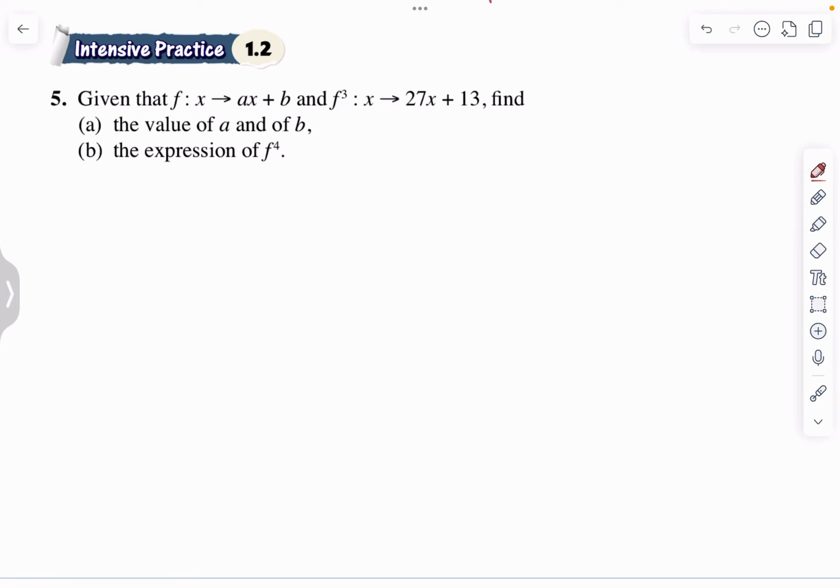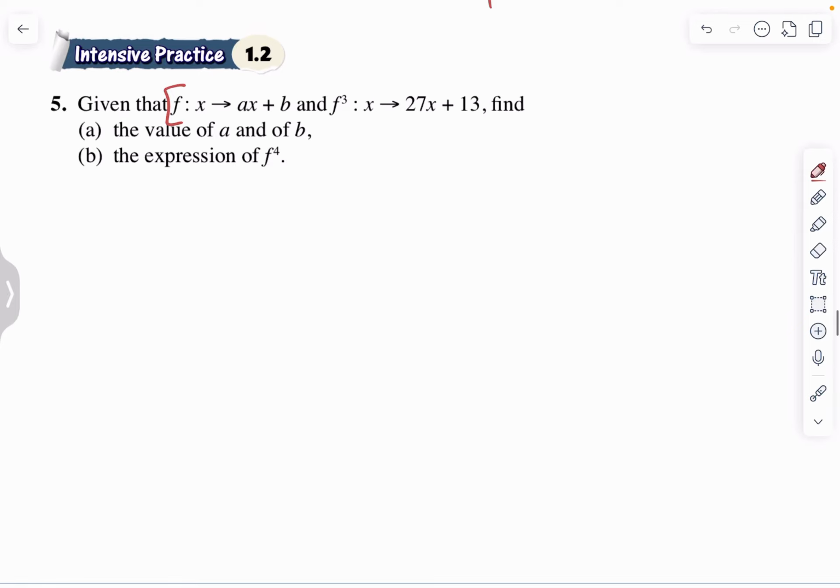Question 5. Given that f(x) is ax plus b and f cubed of x is 27x plus 13, find the value of a and of b. Okay, so if f(x) is ax plus b, first let's find what f squared of x is. f squared of x is the same as f of f(x).